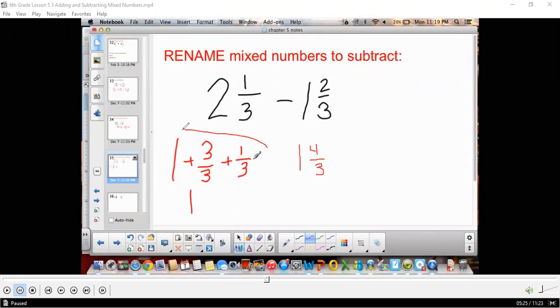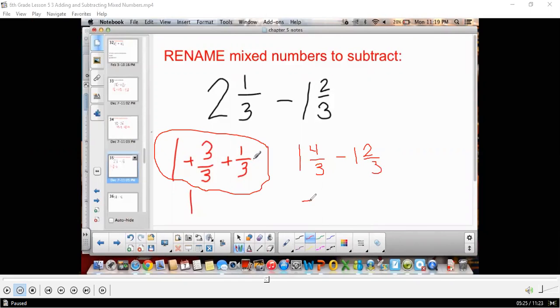Okay, to simplify all of this, which was 1 plus 3 over 3 plus 1 over 3, this is where you get this number, because we already changed 3 out of 3, and we changed it to make it 1 and 4 over 3. This is minus 1 and 2 over 3.